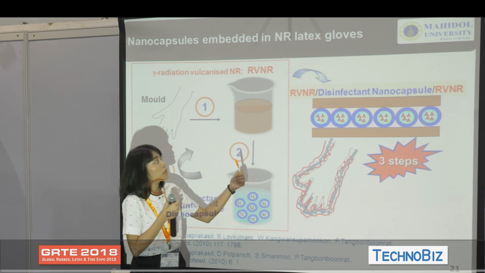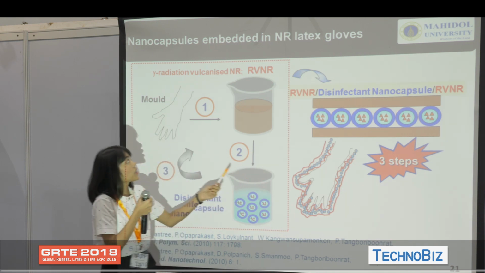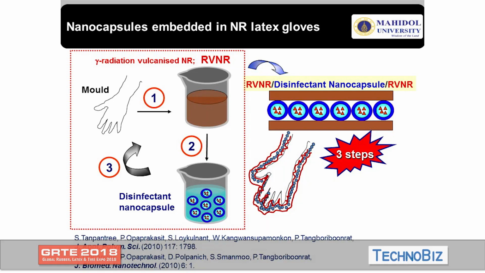Finally, we can prepare a 3-layer thin film containing disinfectant nanocapsules in the middle part of the glove, sandwiched by RVNR film.